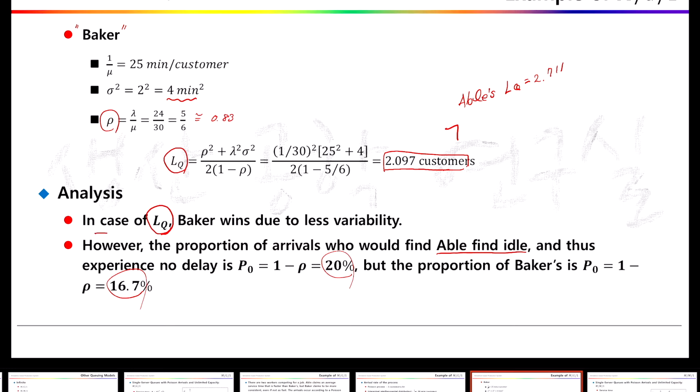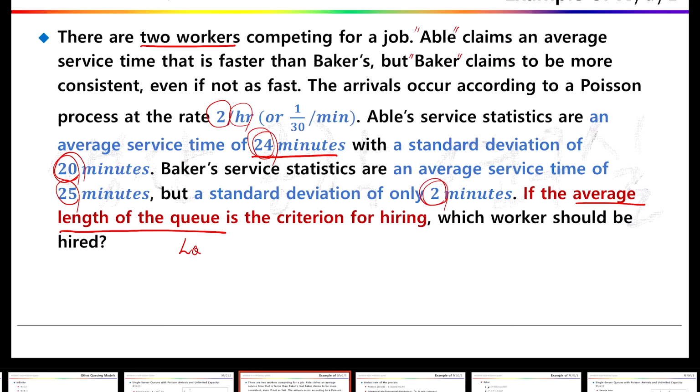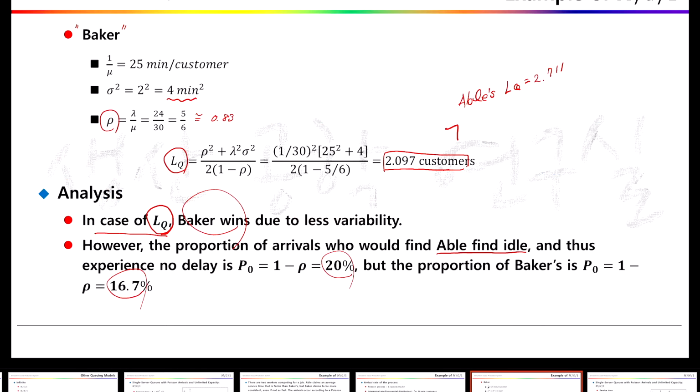Anyway, in this case, with the LQ, Baker wins. So it means that the smaller variability of service time secures less waiting, a smaller number of waiting persons, even though the average service time is a little bit longer.